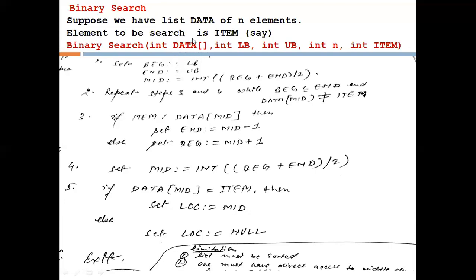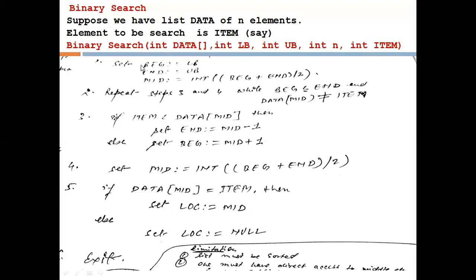So suppose this is the array data. We have lower bound, we have upper bound. Lower bound means from this position the element is stored, and upper bound means the last element is stored at this index, UB, upper bound. Suppose there are n elements and we want to search item again.